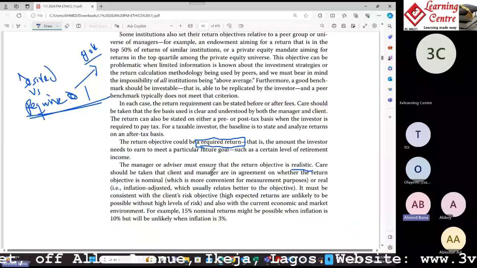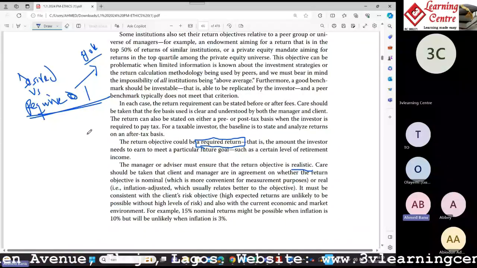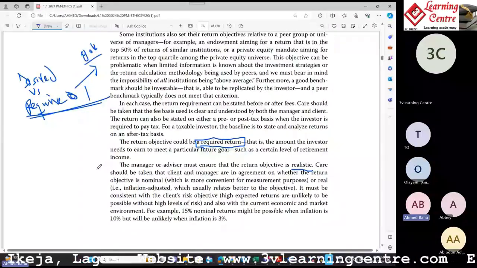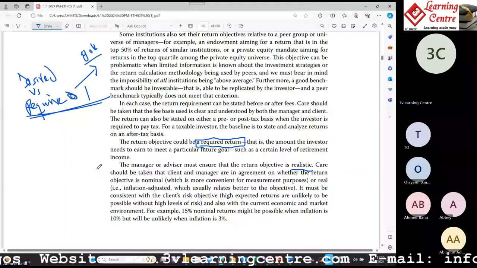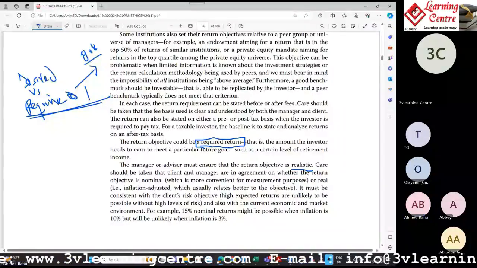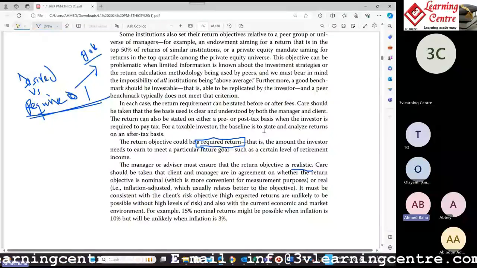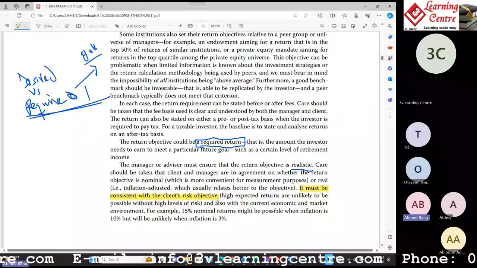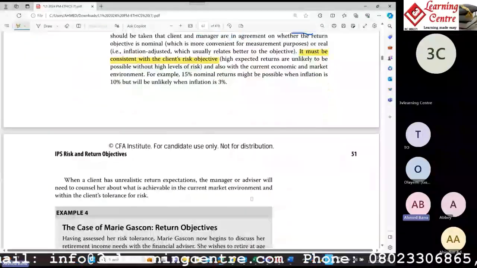So we always speak about the required return when we talk about return objectives, and we put conditions to it that it must be consistent with the risk, and you must give consideration to your market environment. It must be consistent with the client's risk objective. Very important. This one is even more important than market conditions.